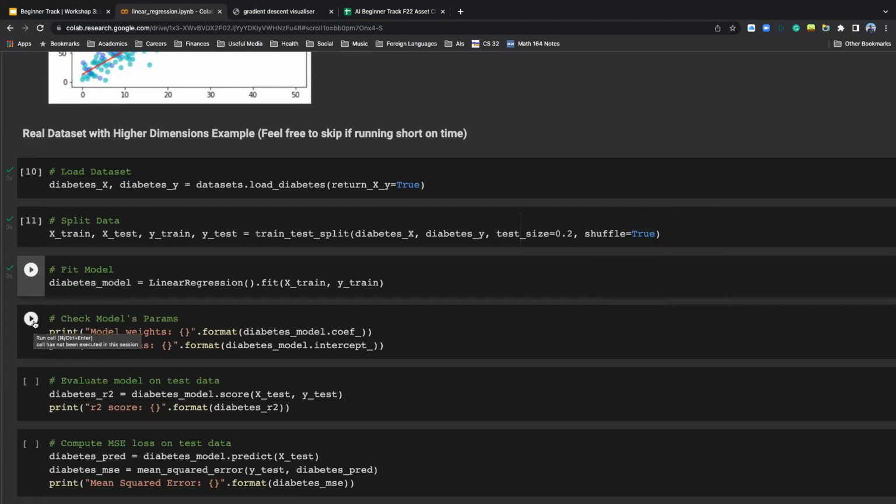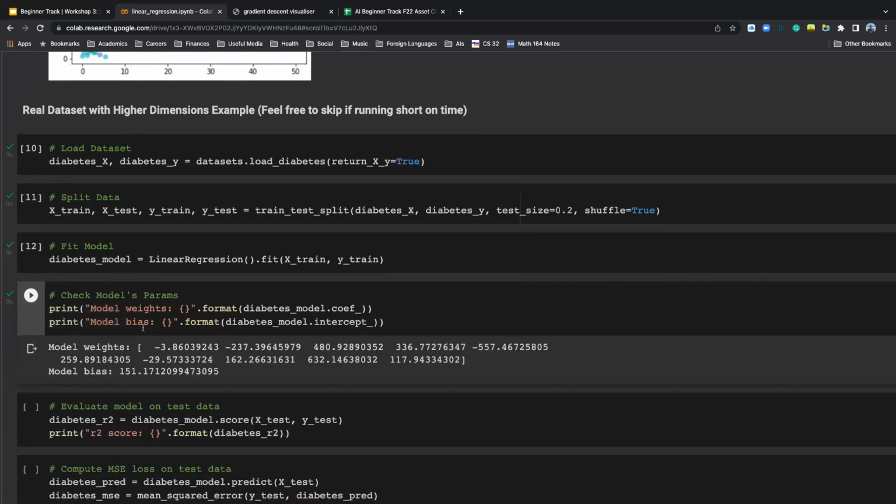And then we're checking the model parameters. So now what we have here is various different factors that contribute to possibly having diabetes. I don't know what each of these mean, but is it safe to say that if it's a greater absolute value, that it's a stronger correlation? Yeah.